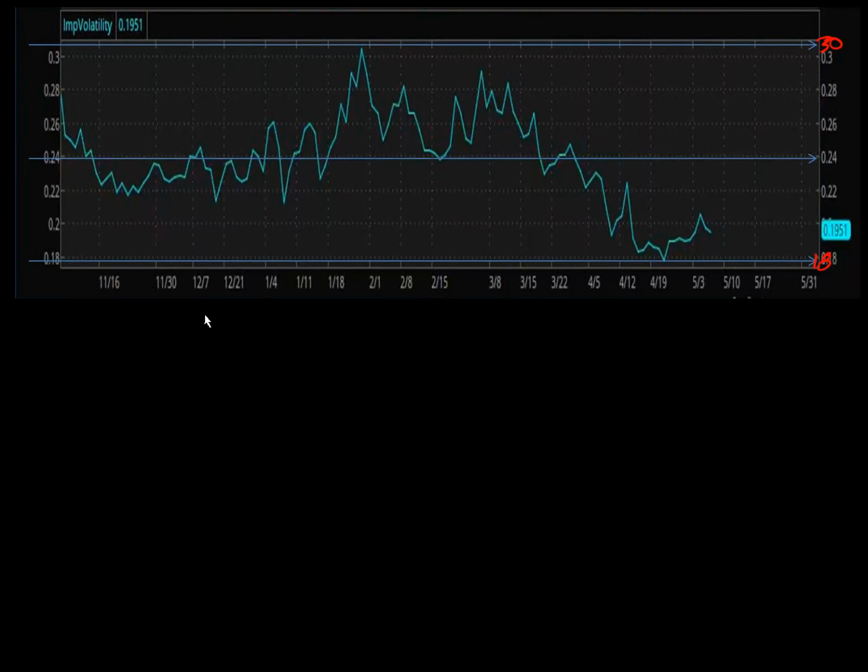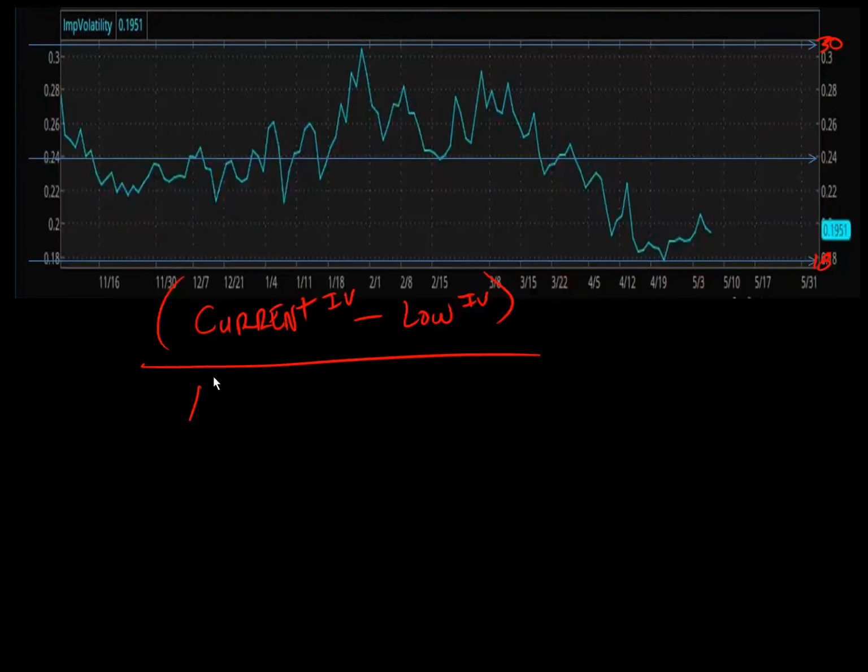Ultimately, what we're trying to do here is take where the current is. This is how you come up with implied volatility percent, folks. So the current implied volatility minus the low implied volatility, and you take that and divide it by the high implied volatility minus the low implied volatility.